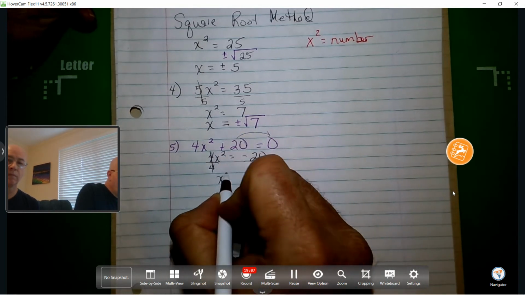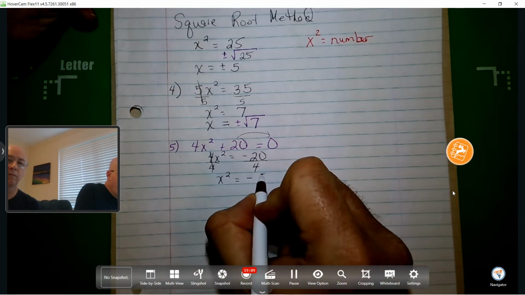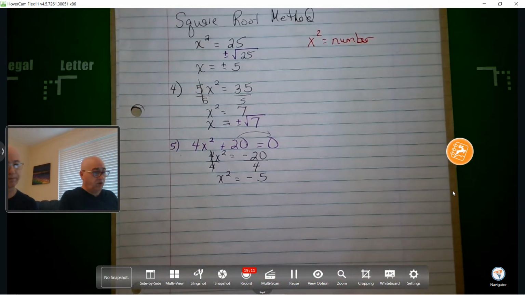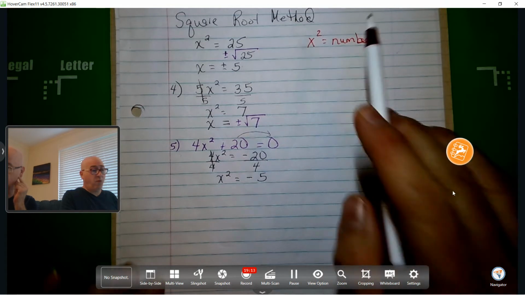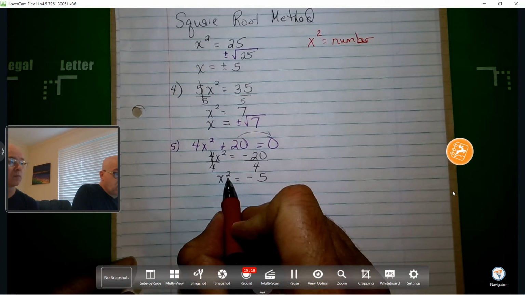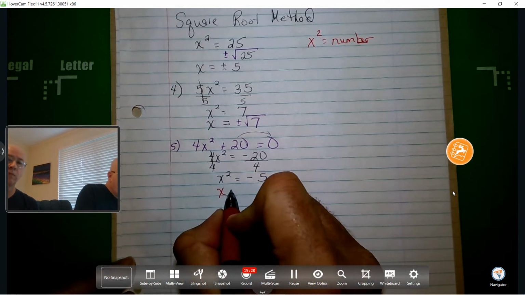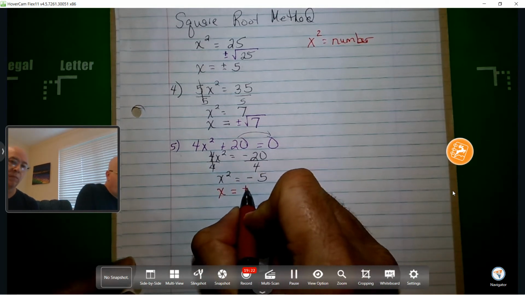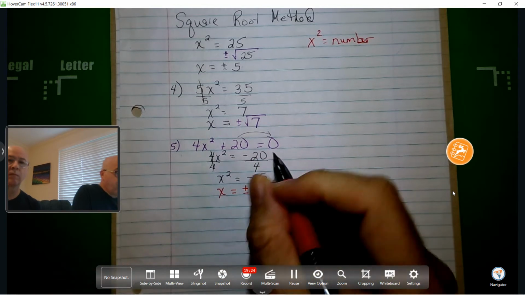We have x squared equals negative 5. So it's in that x squared equals a number form, so taking square roots would cancel out the square here, so we just have x equals, take the positive and negative square root of the number on the right, but be careful.